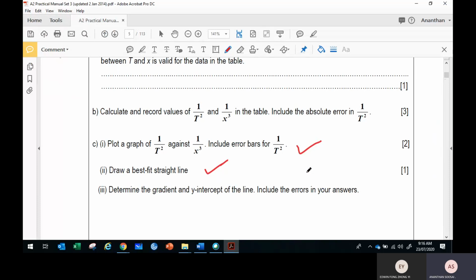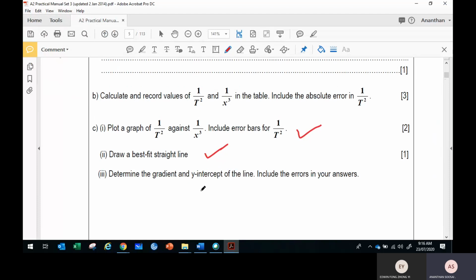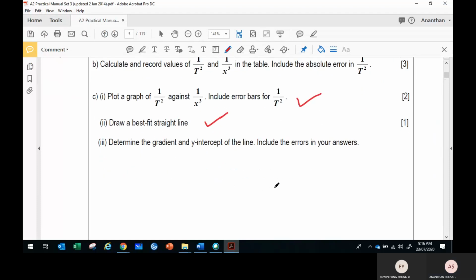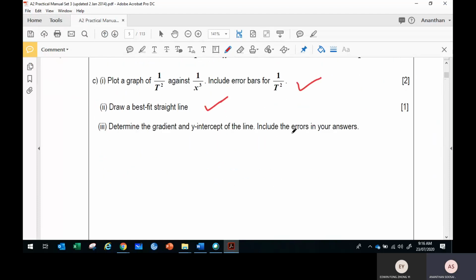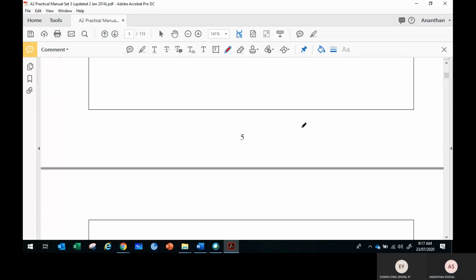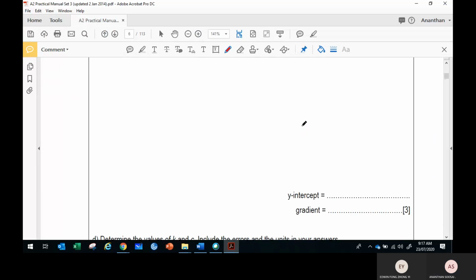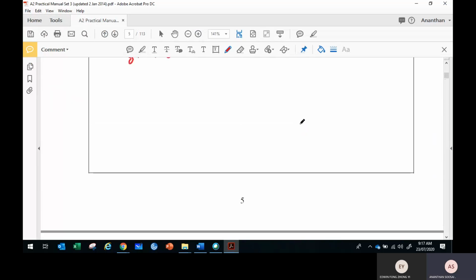Okay, first part 3. Determine the gradient and y-intercept of the line. Include errors in your answer. So what you have to do? You have to find the gradient.